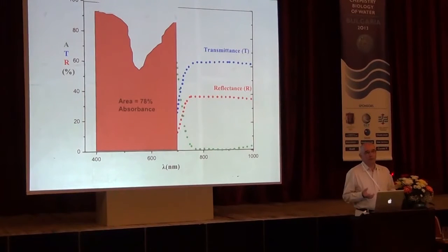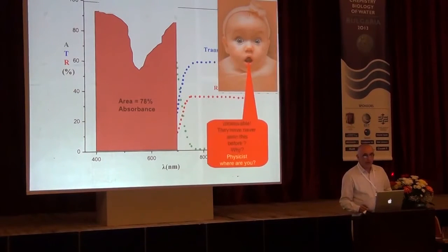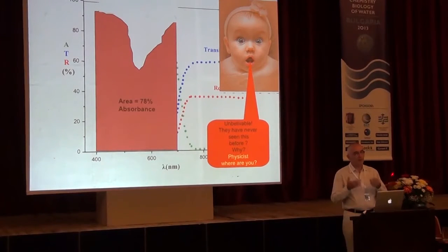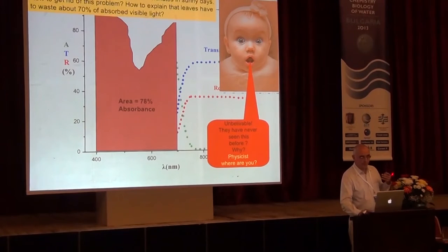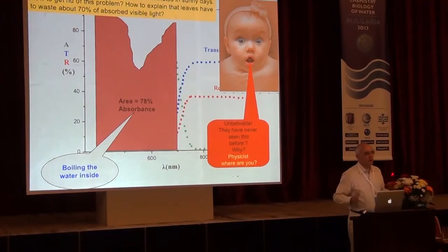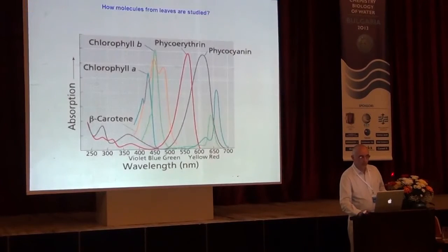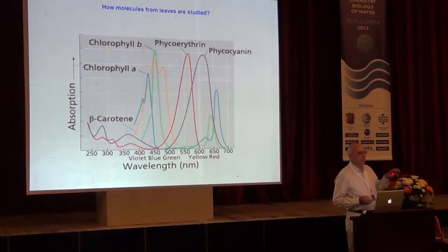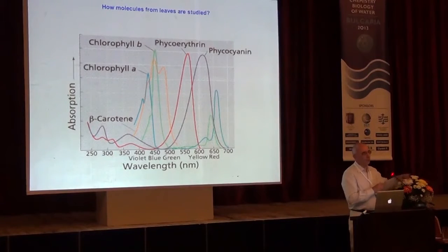With this quantity, we would boil the water inside the leaves on a sunny day. It means we need something much more important to take the energy coming from the sun away from the leaves. So it's impossible with these experimental results to say that the leaves are green because there is reflection. You have to take care about the experimental results taken from molecules separated from water.